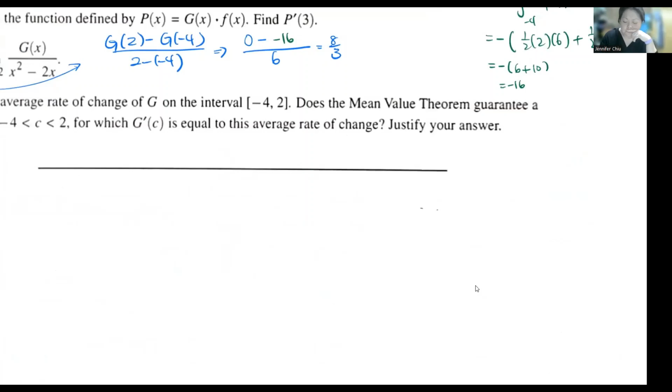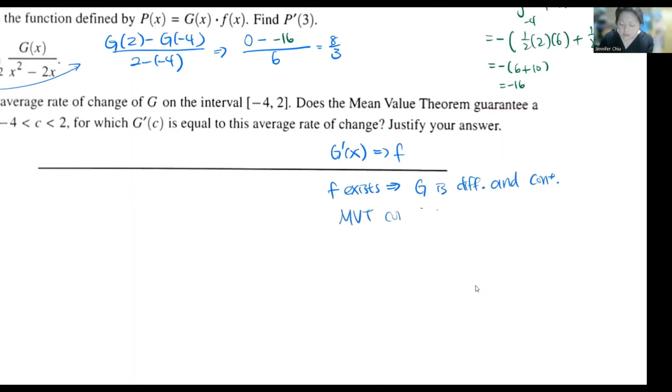So I'm going to explain this one more time, writing it down. g prime equals f, the graph of f, right? So f exists. Therefore, that implies g is differentiable and continuous. So MVT conditions satisfied.